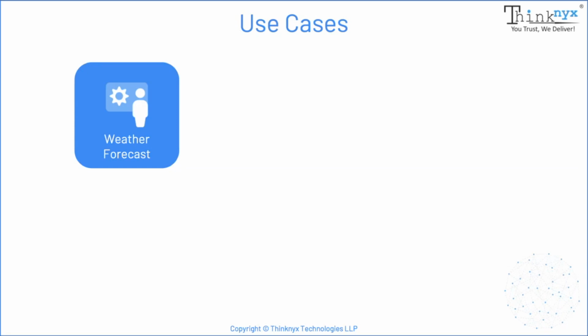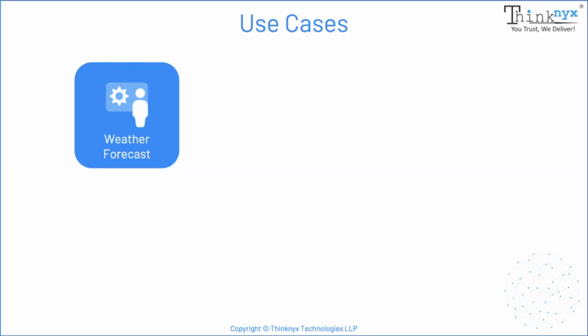Now, if you all open your phone and just go to your weather app, you will see the predictions for the next 10 or 15 days. Now, how are those predictions coming? Those predictions are all coming from your artificial intelligence ecosystem.